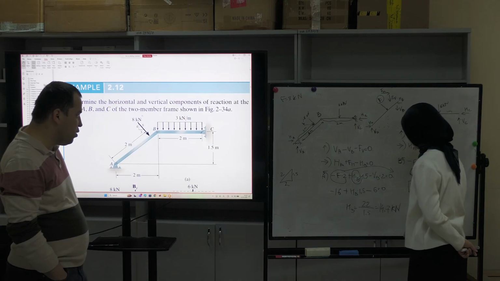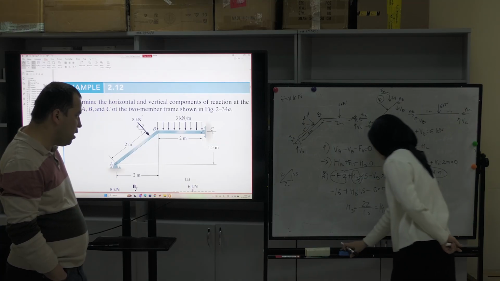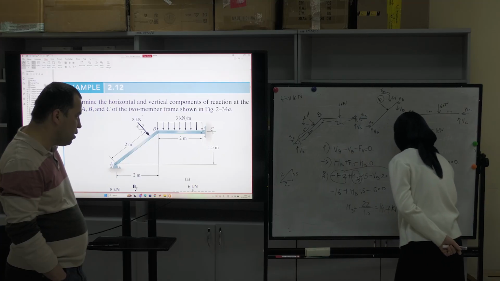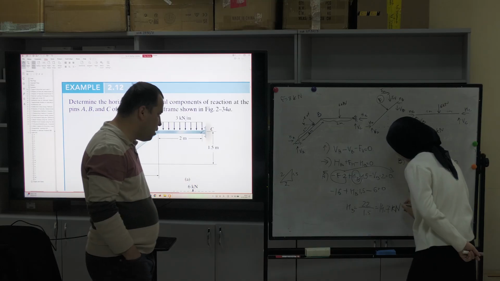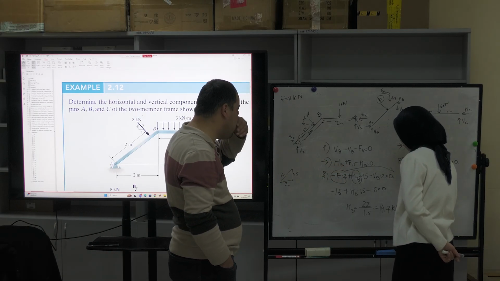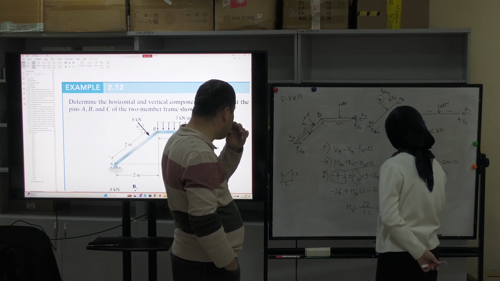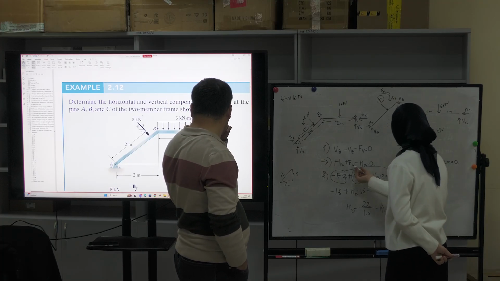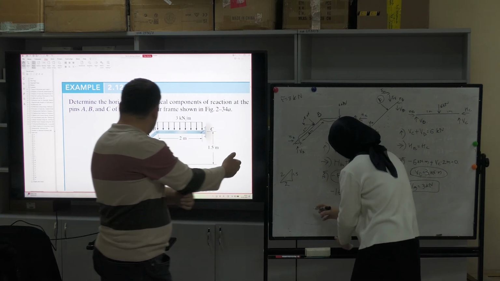So what remained? VA, yes, and HA. HA is here. Horizontal component of this force. How much? We didn't identify it. Yes. Yeah, look.